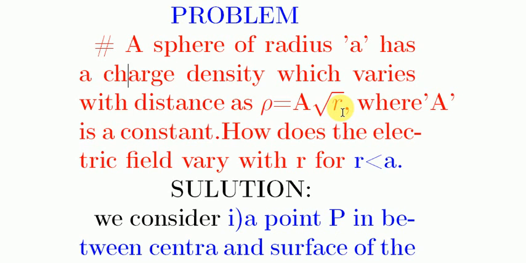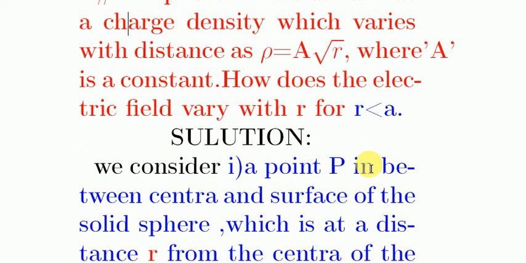And here r is the distance of a point from the center of the solid sphere, and the point is inside the sphere. The point which is at a distance r from the center of the sphere is always inside the sphere. How can we understand it?